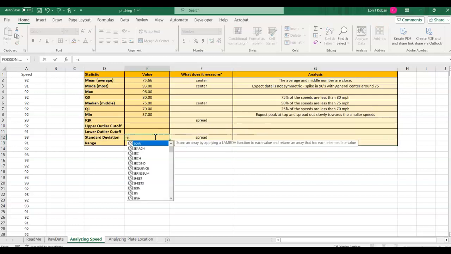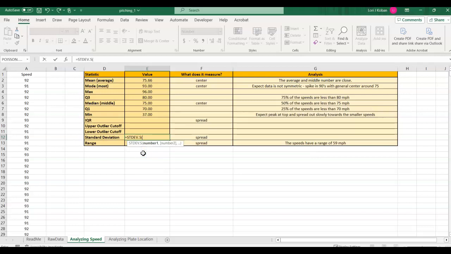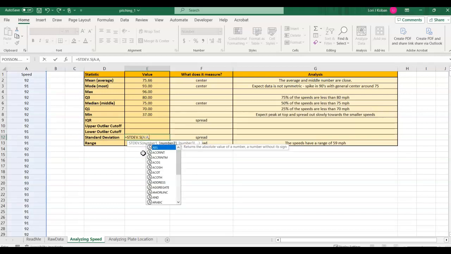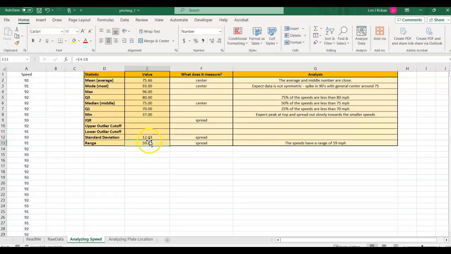Now, the standard deviation, if you type standard deviation, it is ST. There's a standard deviation, population, and sample. We're going to be taking the sample standard deviation in this class. And the sample standard deviation is 12.03, and standard deviation is the average distance from the mean.